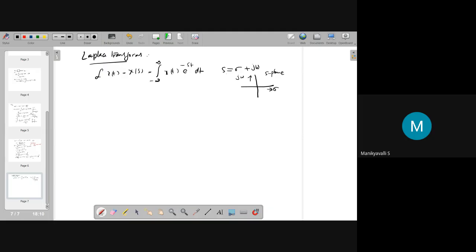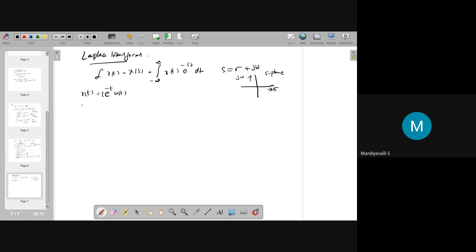Let's take one example to solve the Laplace transform. Let us suppose x of t is equal to t into e to the power of minus t u of t.